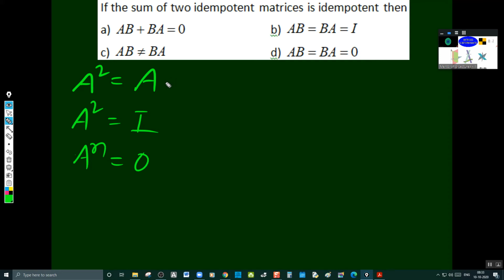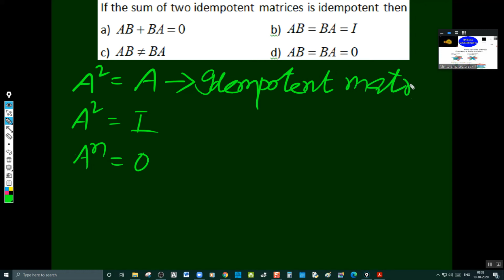So A square is equal to I means it is an involutory matrix.